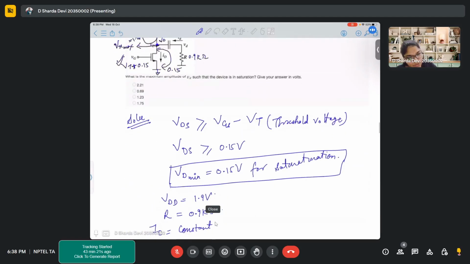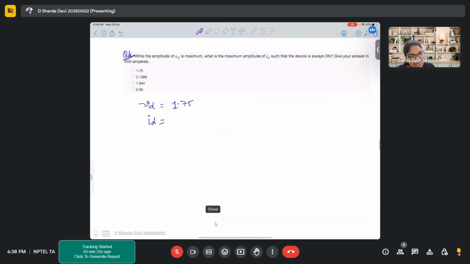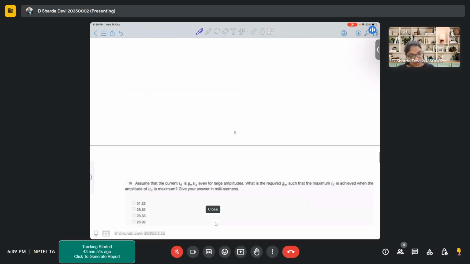This is the ID we are looking for. That ID can be given by VD upon R. So VD is 1.75 volts and R is 0.9 kilo ohms. So ID turns out to be 1.944 milliamperes.